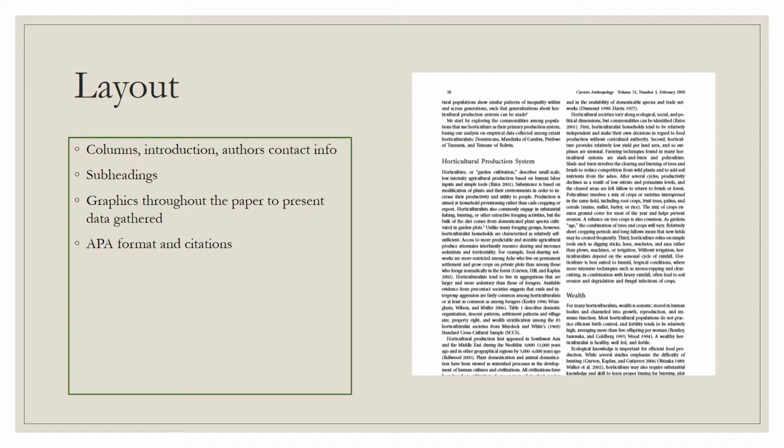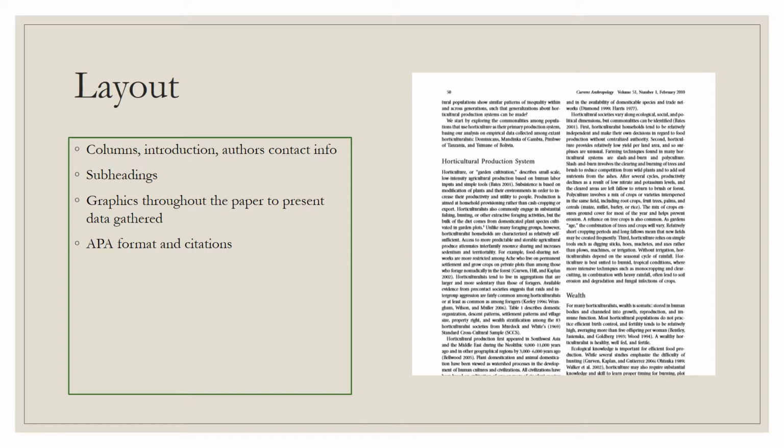The layout is generally in columns, and that helps to keep information organized. The author's contact information is usually included, along with their education and their place of employment. And by providing all of this, it establishes ethos and it gives the author more authority.